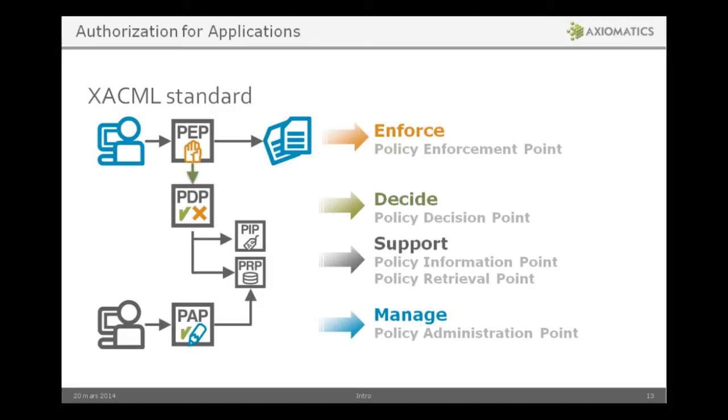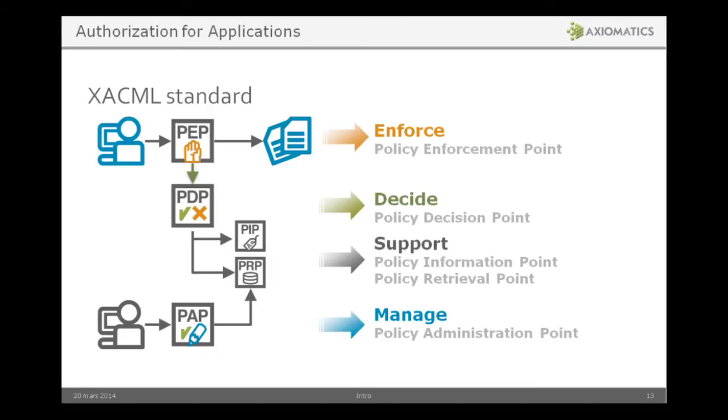The policy decision point may reach out to policy information points, that is, finding attributes and data in external sources. It will read its policies from a policy retrieval point. These policies in turn have been authored in a policy administration point. So these are the various components of the XACML standard.